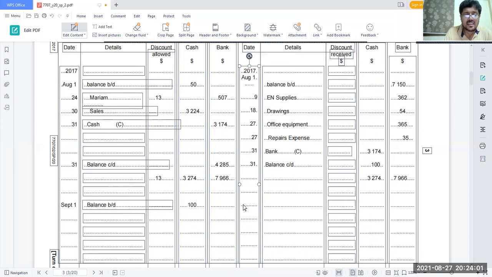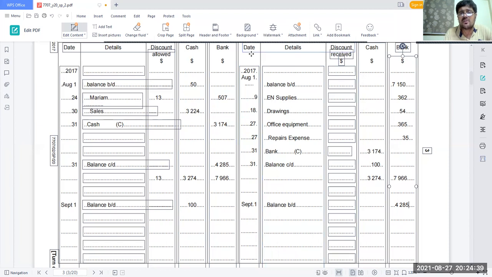On the same day, in bank, we have a balance. How much? Bank 4,285. This is the complete cash book. And you have to write balance brought down at the start of the new month. Please don't forget. Okay, so this is our first cash book question, question number 1 we did.